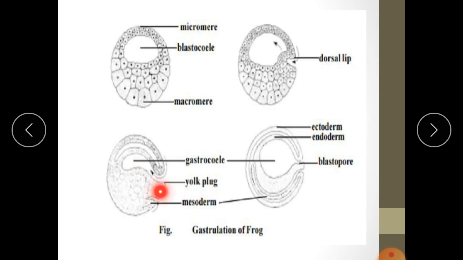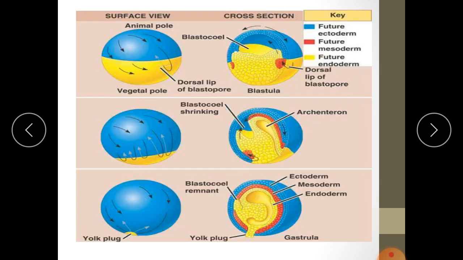This is called the yolk plug. Around this the blastopore is formed. Some megameres are seen here at the opening of the blastopore, and this is called the yolk plug.